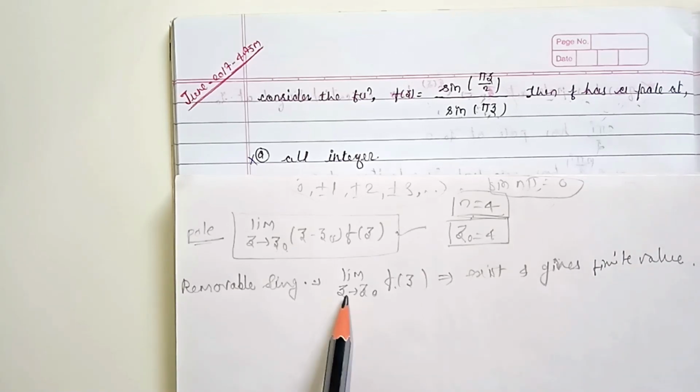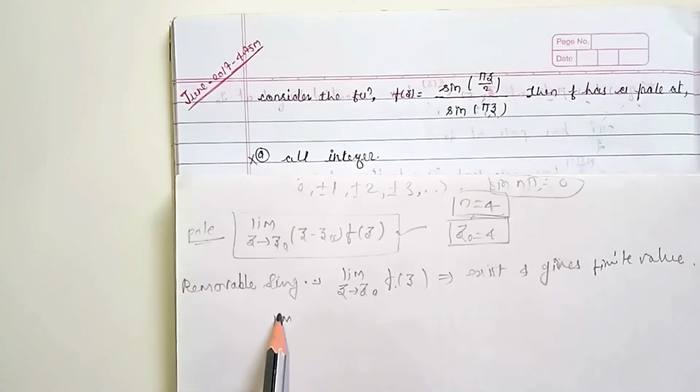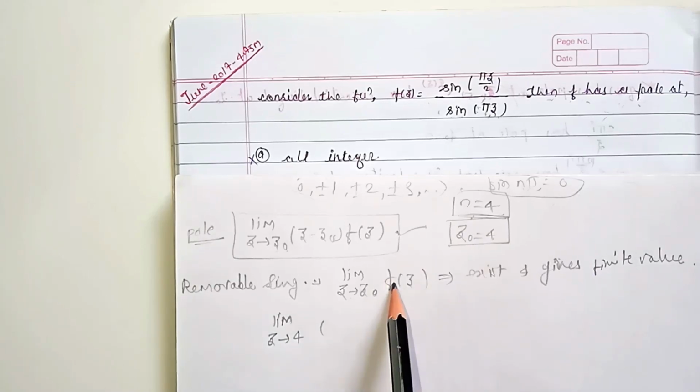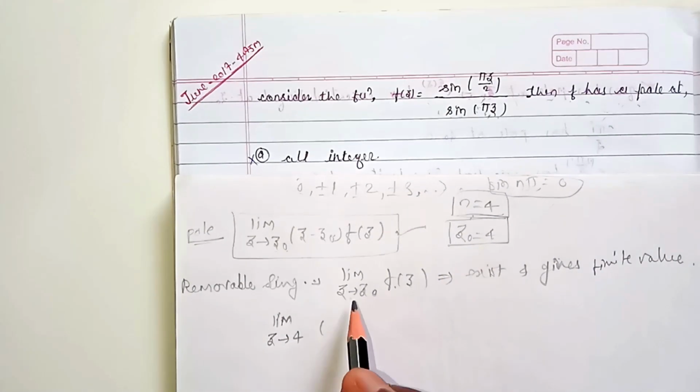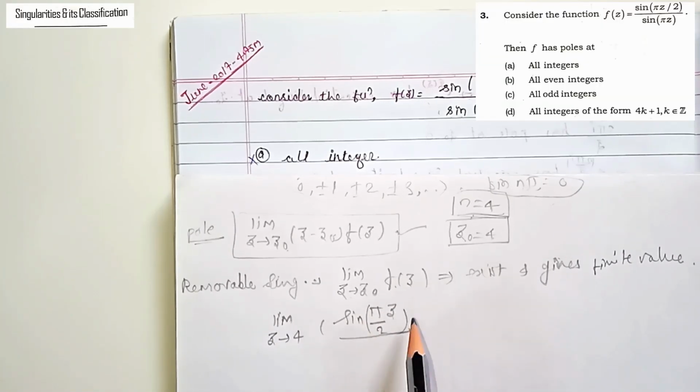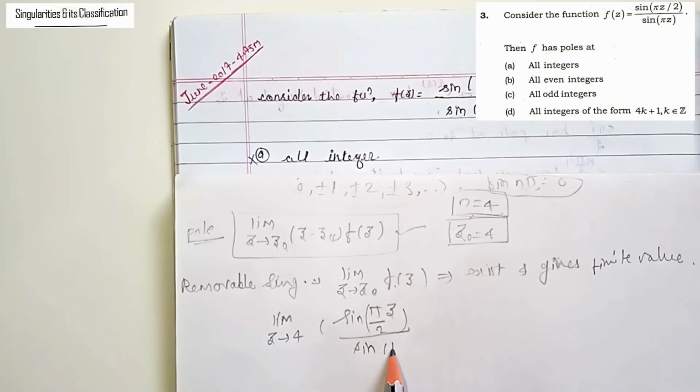So the limit as z tends to z naught, meaning z tends to 4, of f of z. Here f of z is sine of pi z by 2 upon sine pi z.